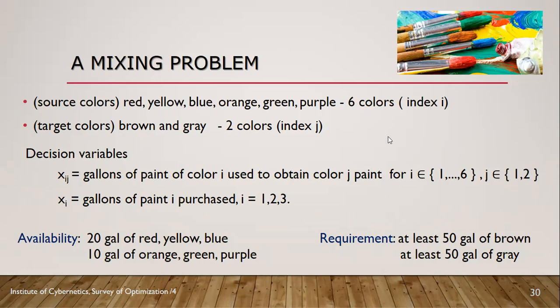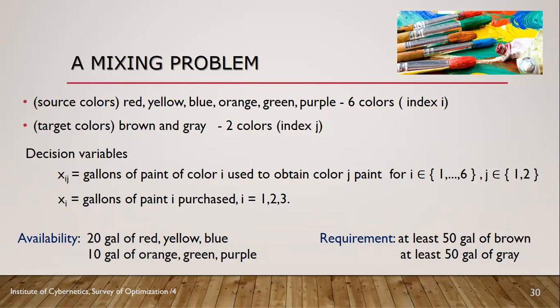Recall that red, yellow, and blue represent primary colors, those colors which can be purchased. And orange, green, and purple represent secondary colors, which actually need additional mixing. Our target colors are some shades of brown and gray. The shades don't matter, so we will simplify to just brown and gray. There are 2 colors altogether, and we will use the index J for them.